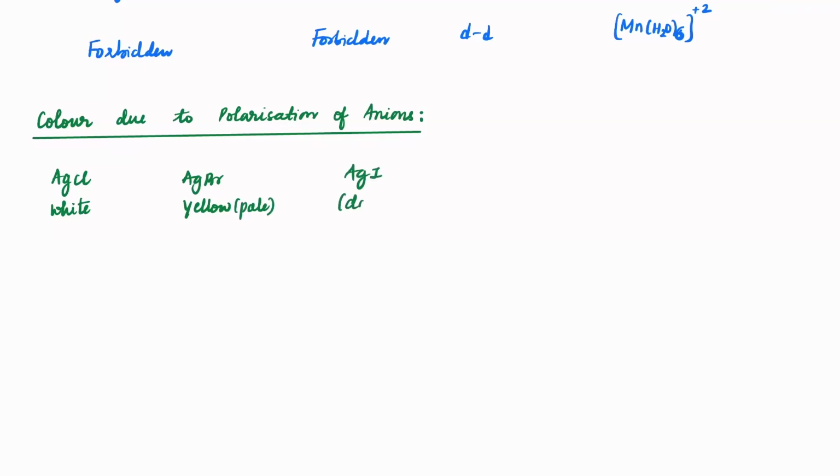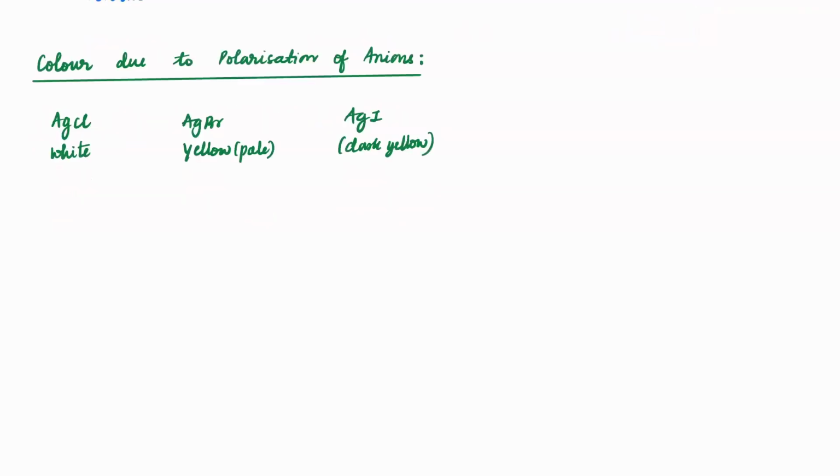Why does the color become intense here? Because I minus has more polarizing power, polarizability. So the higher the polarizability, the more easily electrons can be pushed towards the metal. That increases the colors. Therefore, BiCl3 appears white in color, while on the contrary, BiI3 is completely black in color. So you can see there is complete transfer here.